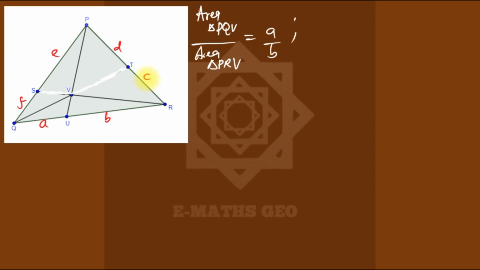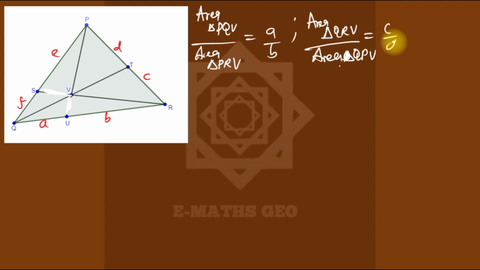Let's wipe what we've done before. In the same way, if we now take the ratio of the area of triangle QRV over triangle QPV, we see it is C over D, based on what we've done before.